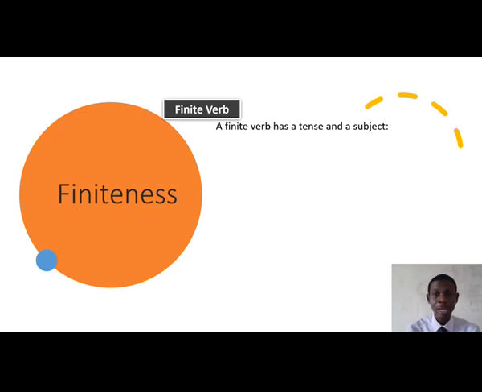And a finite verb is carried out by a noun. You can always link it to a noun. So there's always a relationship between the subject and the verb if your verb is a finite verb. And if it's a finite verb, it can either be in past tense or present tense or future tense.